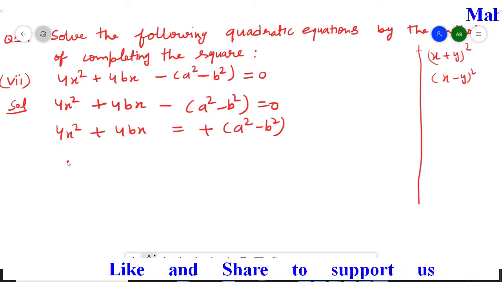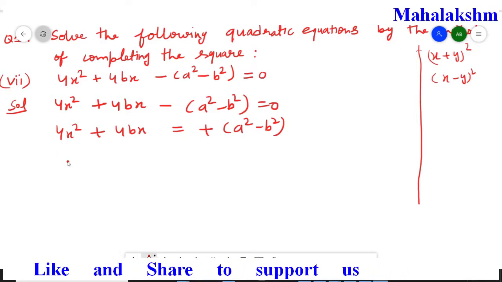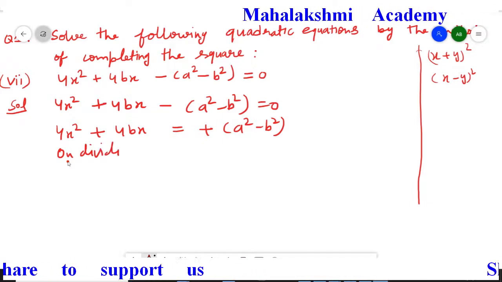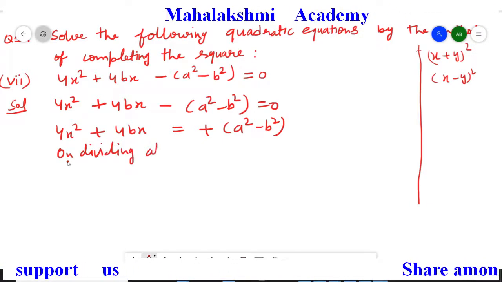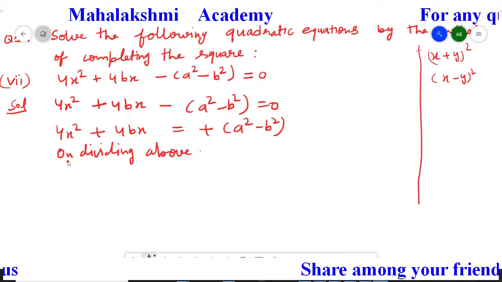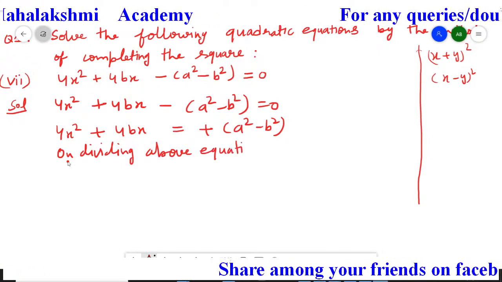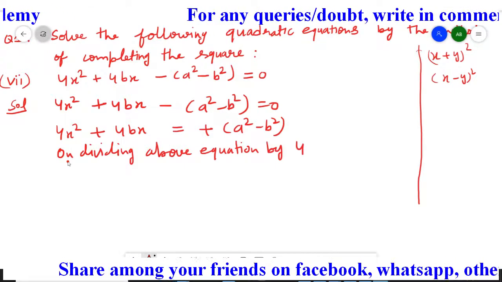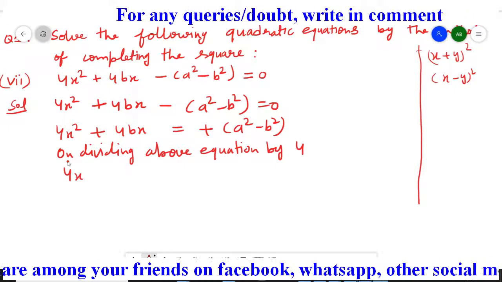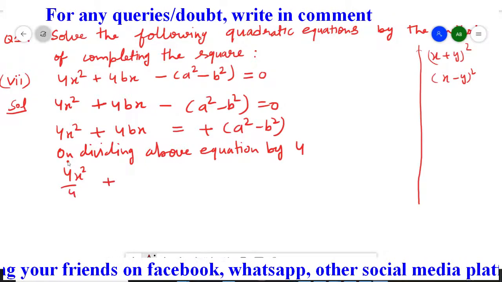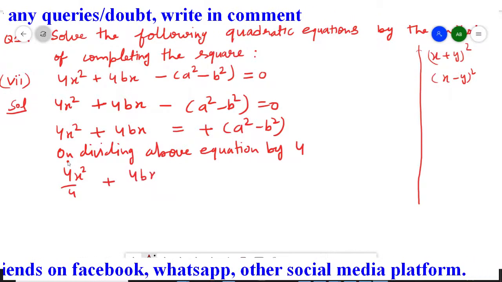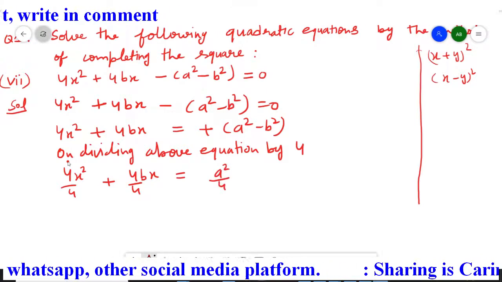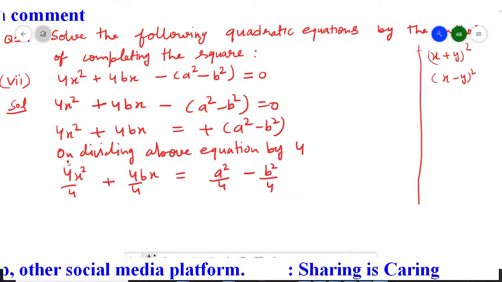So on dividing the above equation by 4, under each term we write 4. So 4bx divided by 4, is equal to a square upon 4 minus b square upon 4.